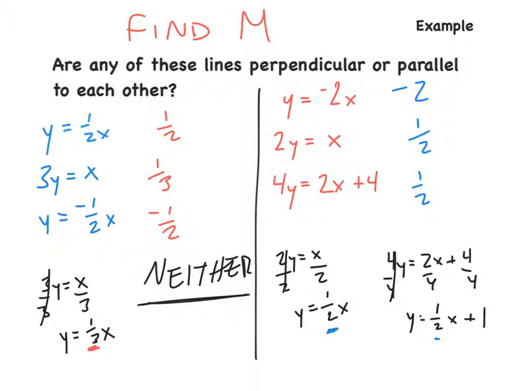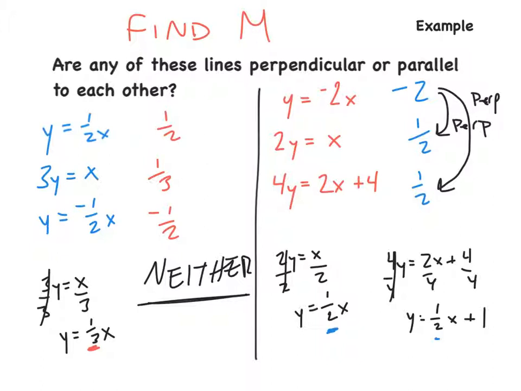So it looks like y is equal to -2x is perpendicular to both of these. So these are perpendicular. So both of these are perpendicular, and this one's perpendicular too.